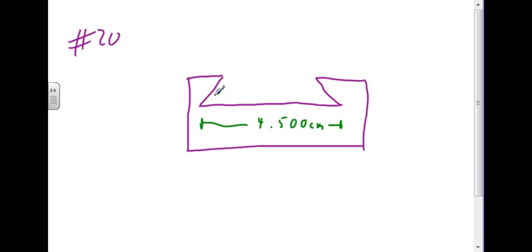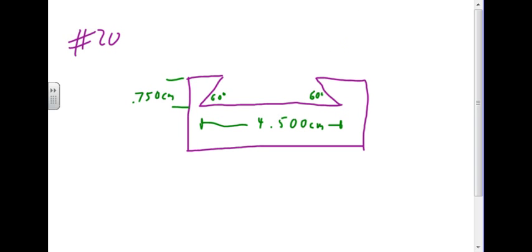Alright, I got that. I know that this is 60 degrees here. Does that mean this side is 60 degrees too? It doesn't tell me that it is. But if it's not, then I can't solve the problem, right? And then over here, I know this side is 0.750 centimeters.